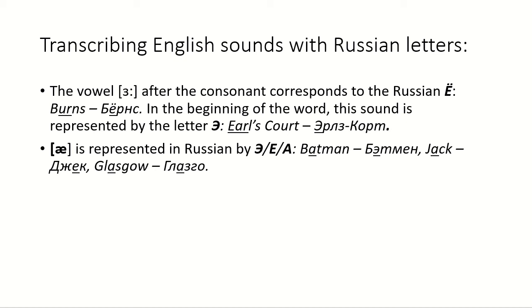For example, Earl's Court, it is rendered into Russian like Earl's Court. So the sound a is represented in Russian by 3 different letters. It can be like e, ye, or a. And you can see on this slide examples of this rendering.